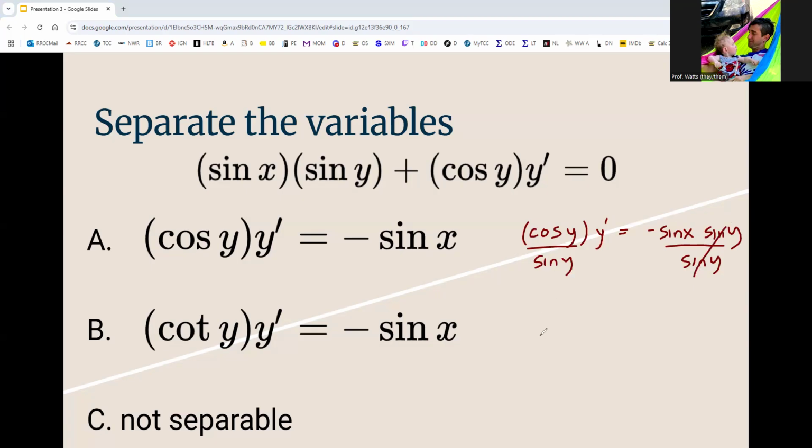And then cosine y over sine y is cotangent y. And we can see it matches up with answer choice B, so it is indeed separable there. So the h of y function is cotangent y, and then the f of x function is negative sine of x. So correct answer is B.